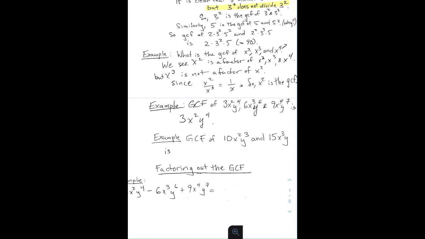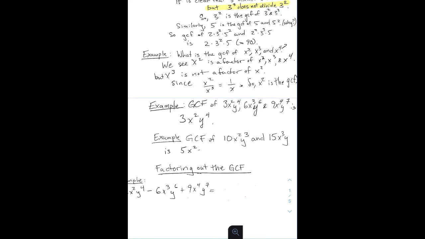What about this one? Greatest common factor of 10x squared y cubed and 15x cubed times y. Let's see, 10 is 5 times 2, 15 is 3 times 5. So it looks like 5 is the only common factor of those two numbers. What about the x? We have x squared and x cubed. X squared divides both of those, but x cubed does not divide x squared.